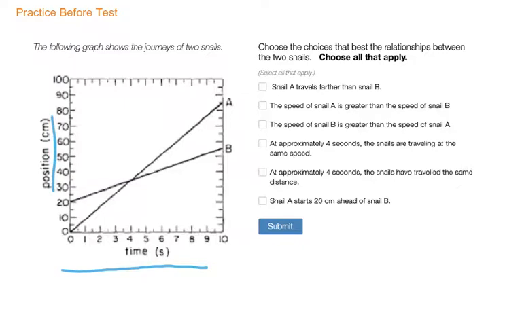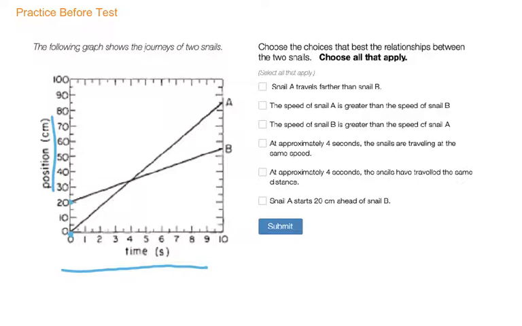So let's look at reading the graph first before we look over here at the choices I need to select. We're going to note that one snail started right here at 0. The other snail started at 20 centimeters. That's just something to note.